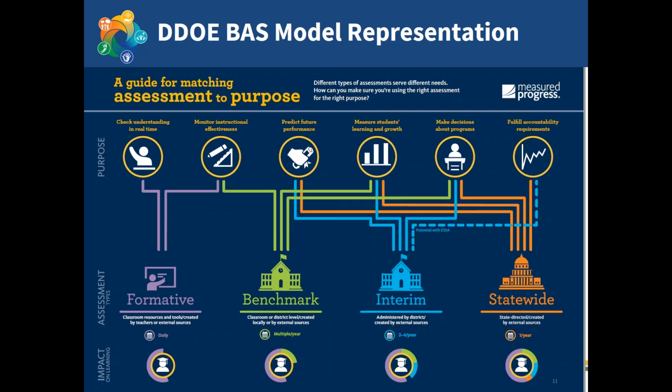Then we have the benchmark and interim clustered together at the classroom or district-created level, ranging from multiple times a year as a benchmark assessment or two to three times a year as an interim. They can be the district interim or the Smarter interims.